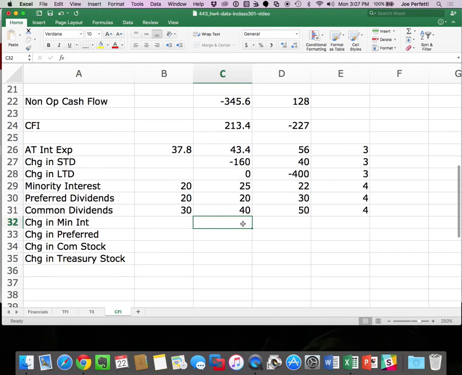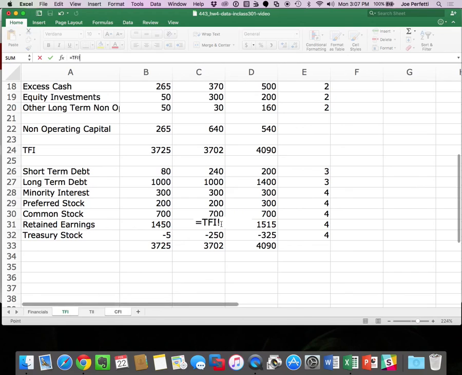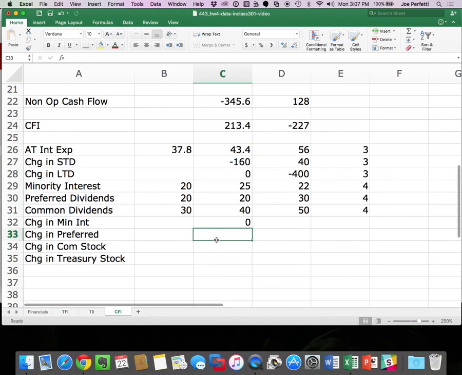Okay, so minority interest equals, it went from 300 to 300. But let's just think about this conceptually for the sign. If my minority interest increases, just like my debt increased, would the sign be positive or negative?